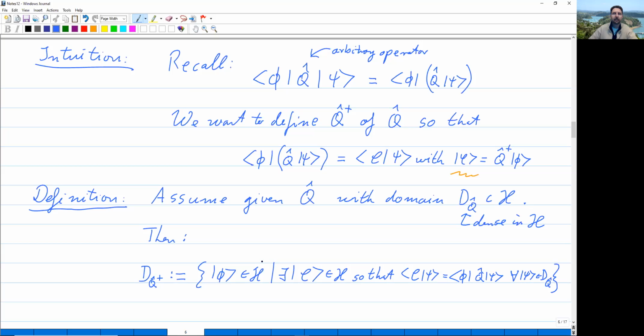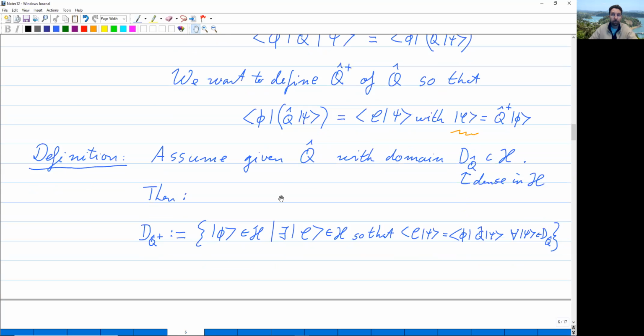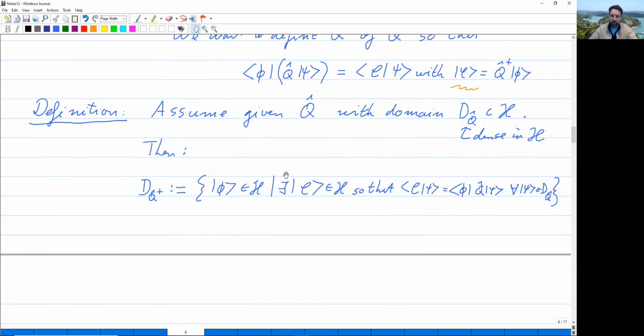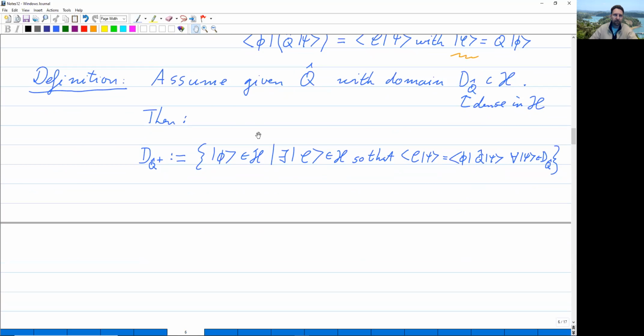This is just writing out in compact mathematical language what we discussed above under intuition for what we want. This is all a little bit tedious, but it's just a measure of caution because our Hilbert spaces are infinite dimensional.